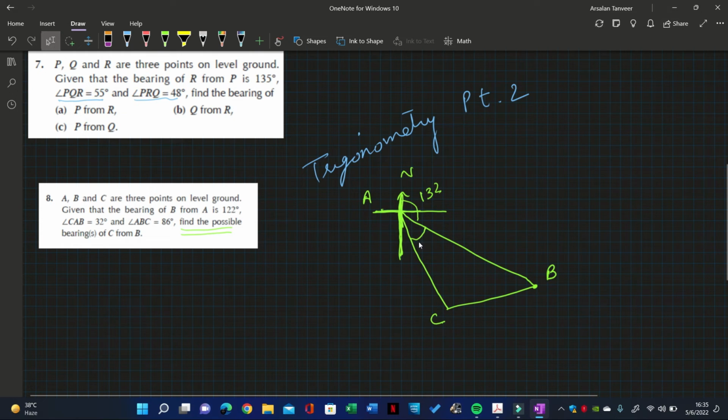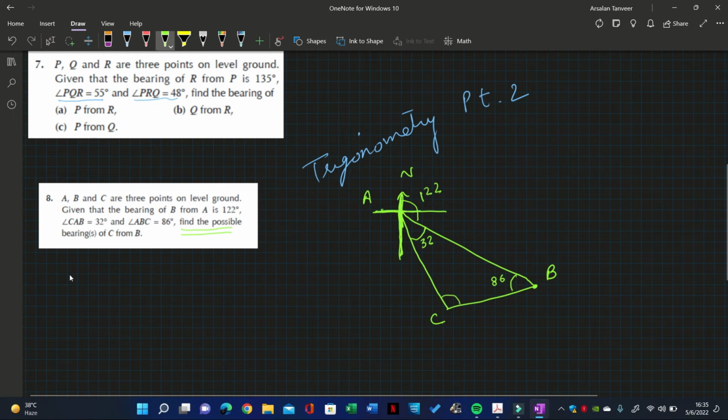Let's place the angles. This angle was 32. I think that bearing was 122. Okay, so this is 32, and at C we don't have any angle, but at B we have 86 degrees. Find C as well, maybe it is helpful in later parts.